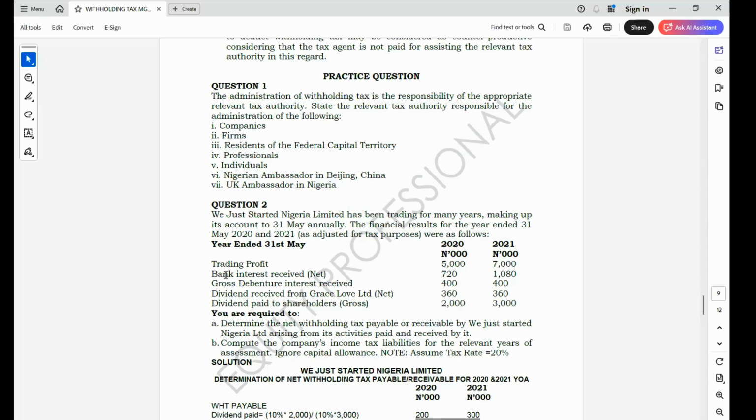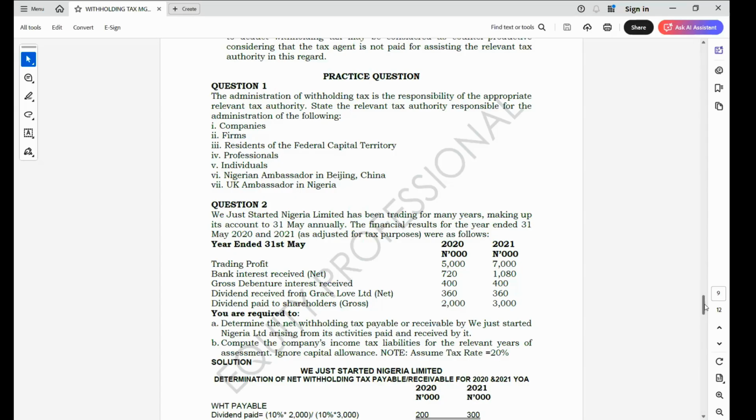Next, you look at what category of withholding tax this bank interest received will give rise to. You know, we have two types of withholding tax. Who can remind us?